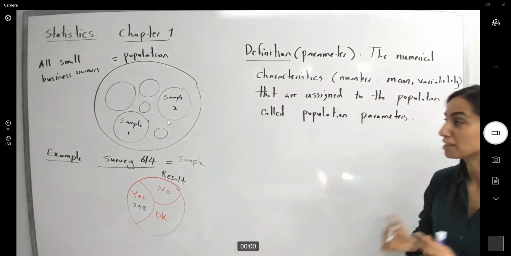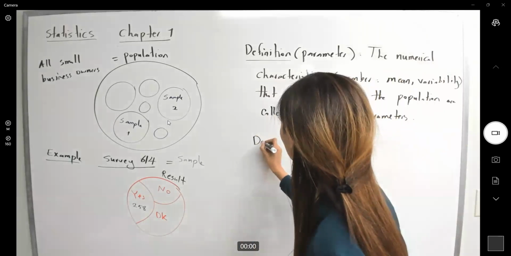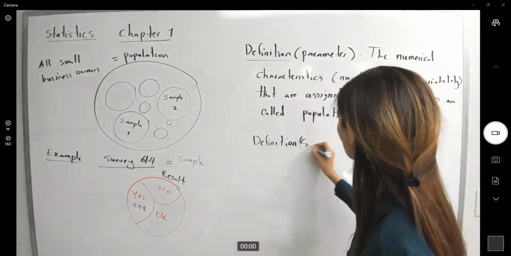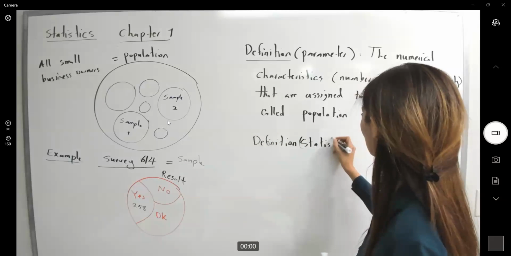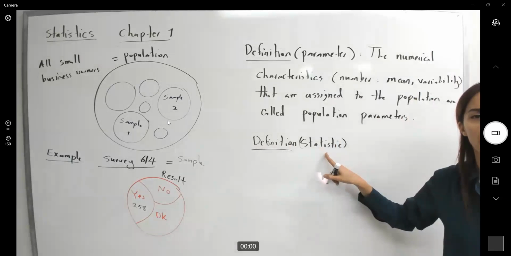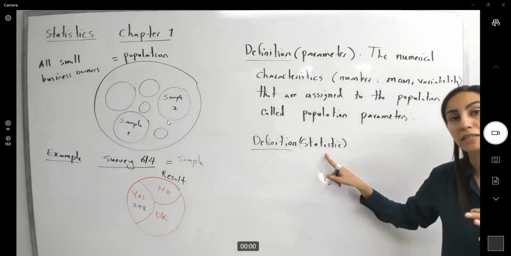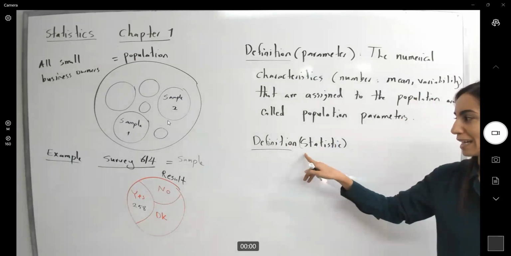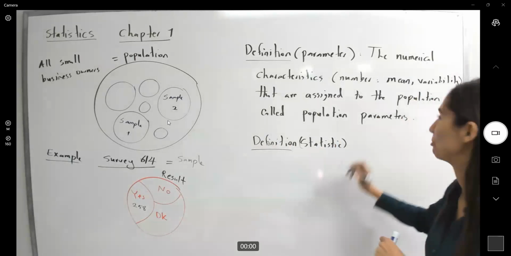Definition of statistic. These are the numbers, numerical characteristics like the mean and variability, that we assign to the sample. So statistic is for sample.